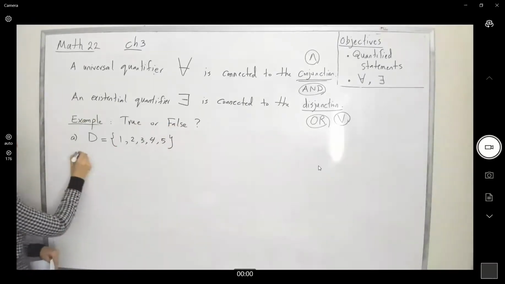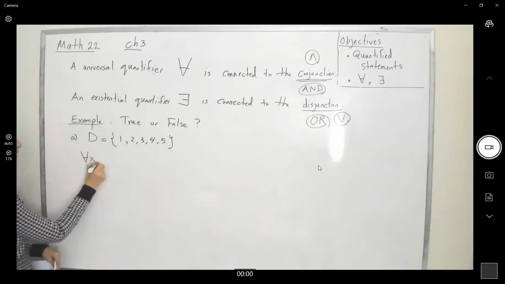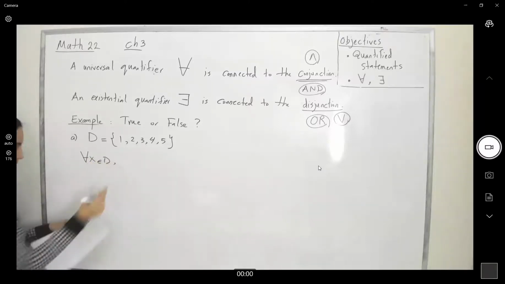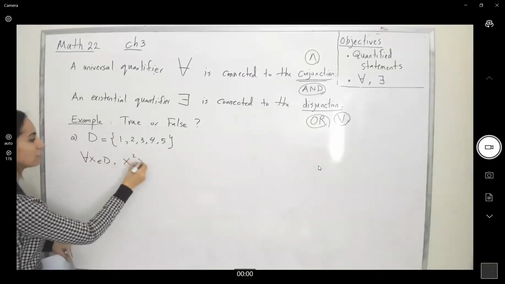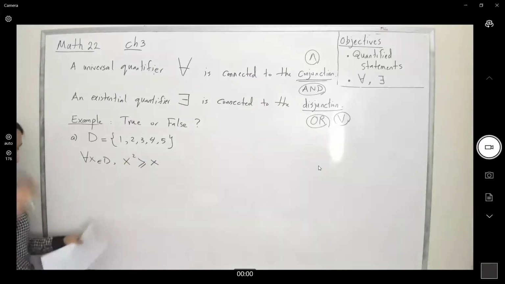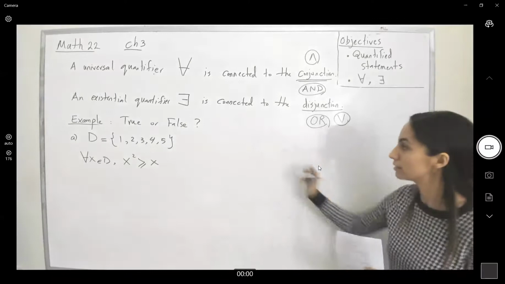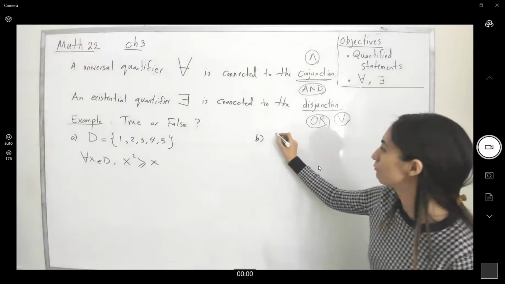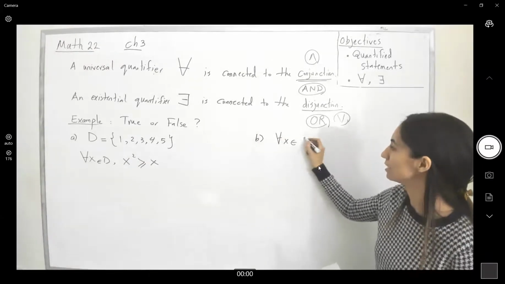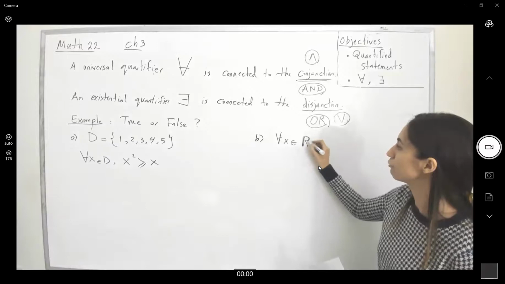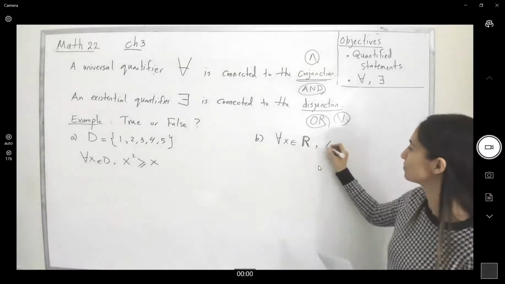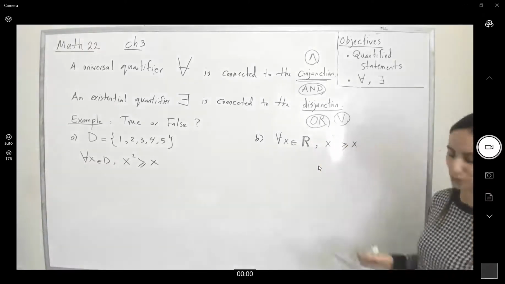And consider this universal statement saying that for all x in the domain D, we have the following: x squared is greater than or equal to x. Is this true or is this false? And the second one says, consider the following statement: for all x in R, for every element in the real set, x squared is greater than or equal to x.